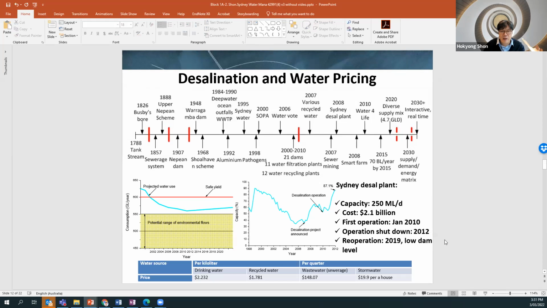But we are sure that in the future, because of population growth, industrial increase, and unpredicted climate change impact such as severe drought, we need a resilient water source using the seawater desalination plant.